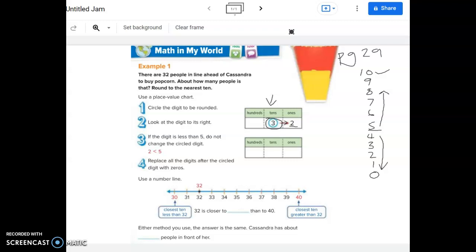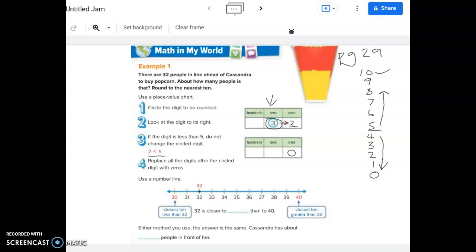So it means that this digit will become 0. And when that digit becomes 0, rule number 3 says if the digit is less than 5, do not change the circled digit. And there we can see the number sentence says 2 is less than 5.